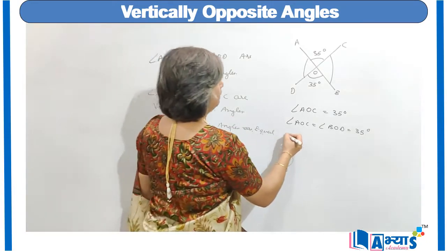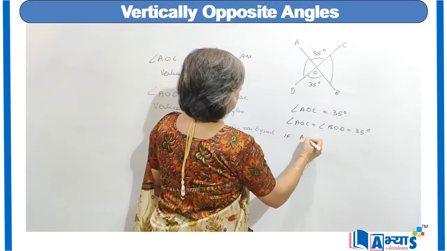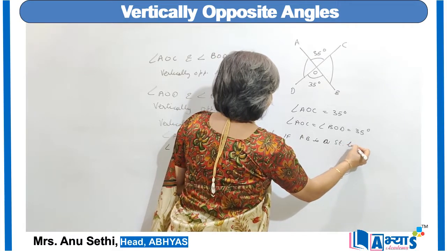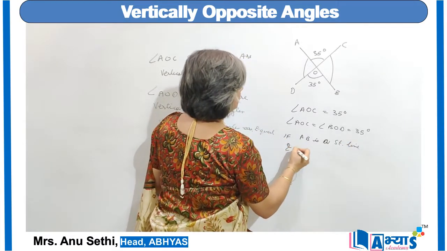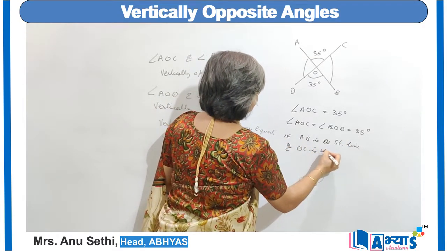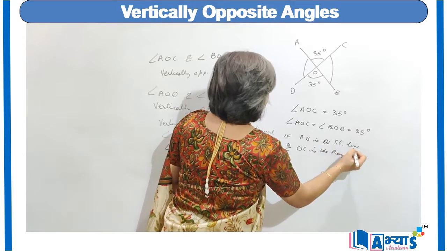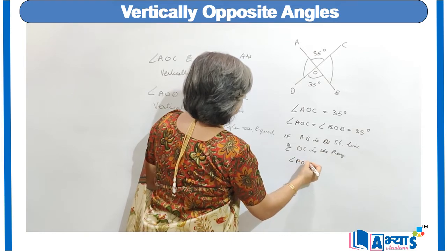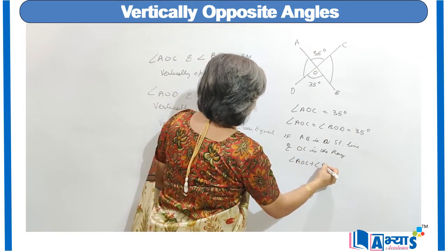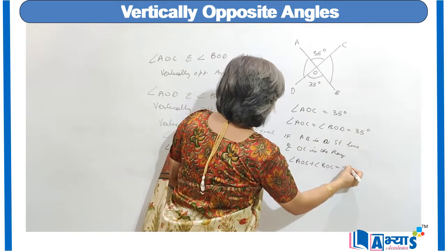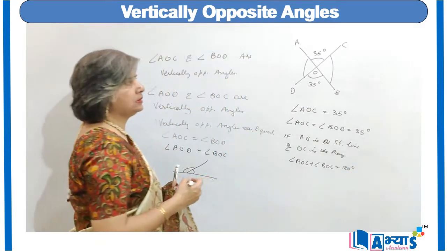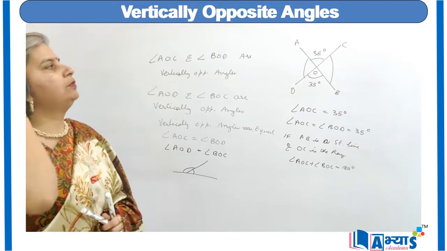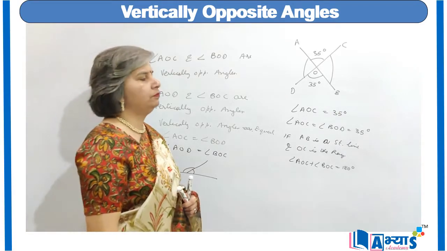Therefore, if AB is a straight line and OC is the ray, we can say that angle AOC plus angle BOC is equal to 180 degrees, because AB is a straight line and OC is the ray, so they are linear pairs, their sum is equal to 180 degrees.